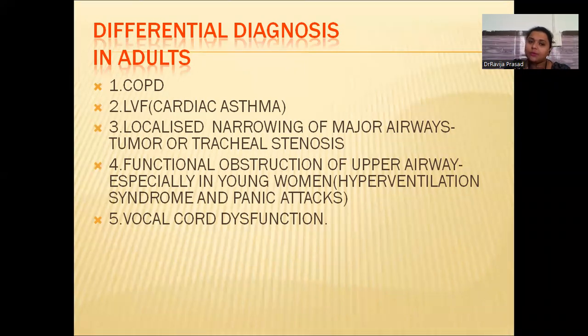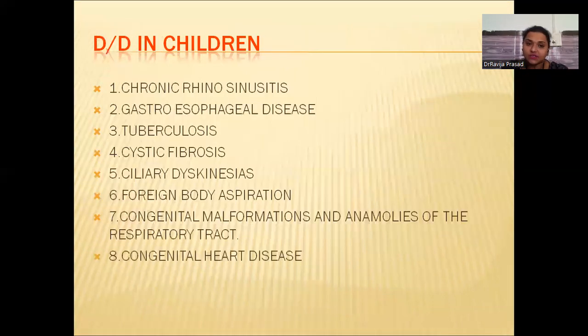Like one could be COPD. Second, LVF, that is left ventricular failure, could mimic asthma, then localized narrowing of the major airway by a tumor or tracheal process. Then fourth could be the functional obstruction of the upper airway, especially in young women, such as hyperventilation syndrome and panic attack. Then fifth could be vocal cord dysfunction.